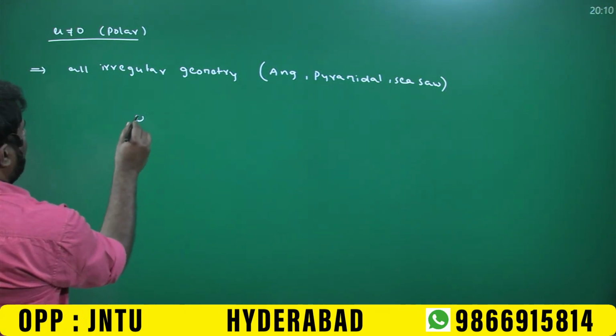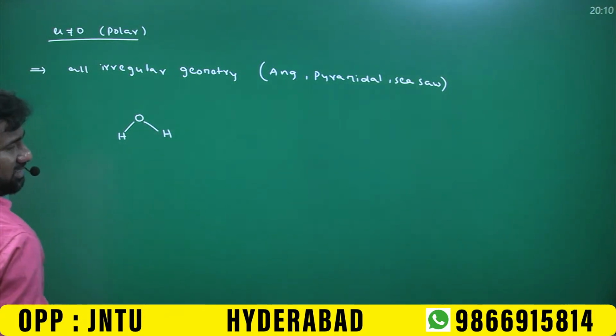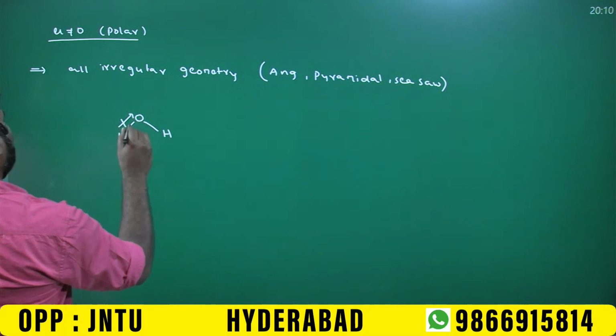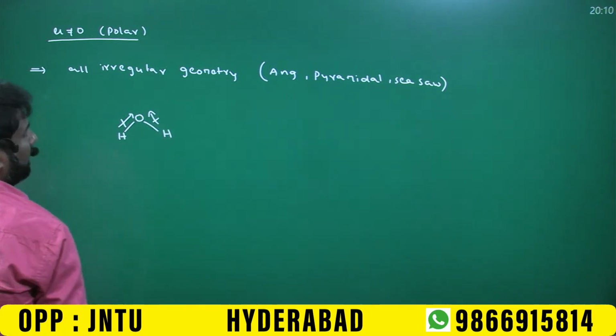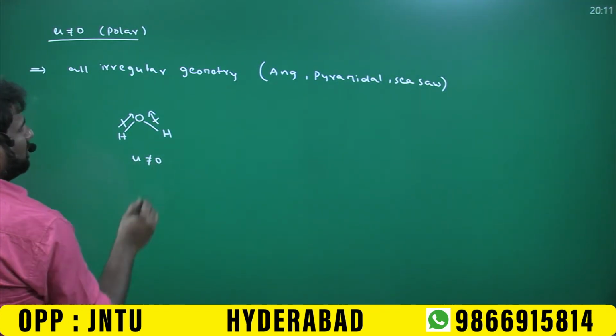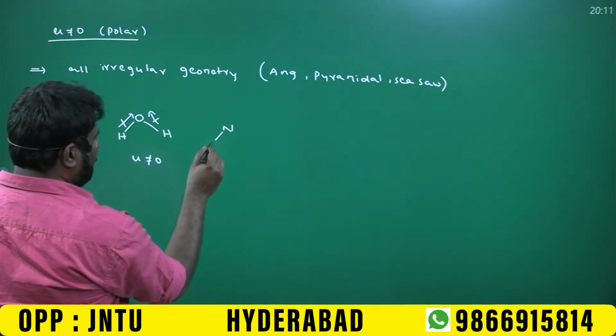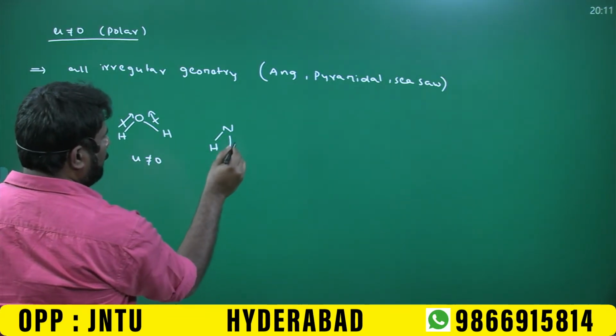Example, like H2O. What is the shape it has? Angular shape. This is a vector quantity, this is a vector quantity. They are merging. Both are present in the same plane. The resulting vector has some value. So, dipole moment is not equal to 0. Then now coming to NH3. Nitrogen, hydrogen, hydrogen.